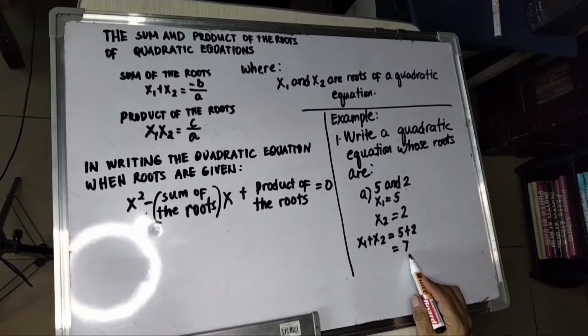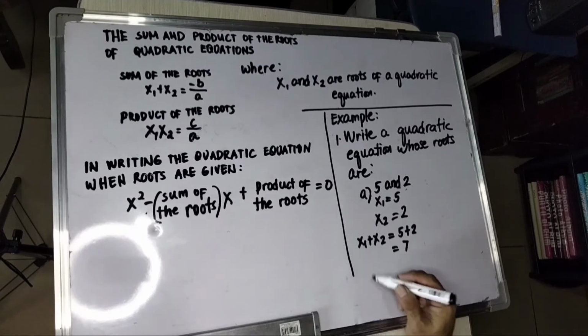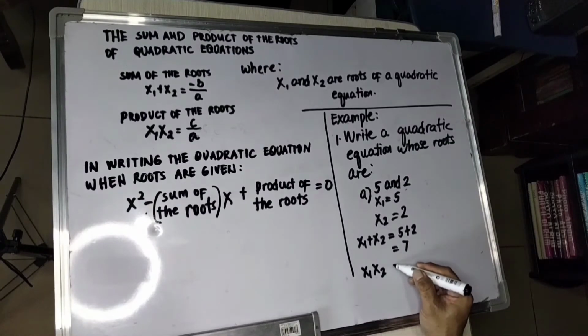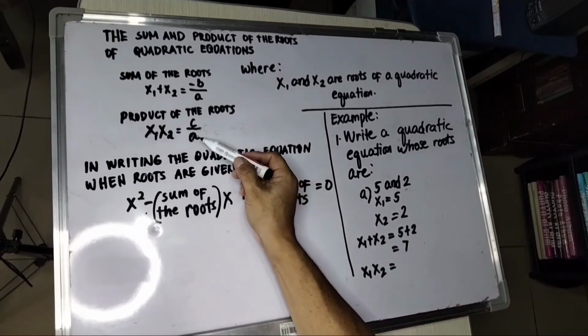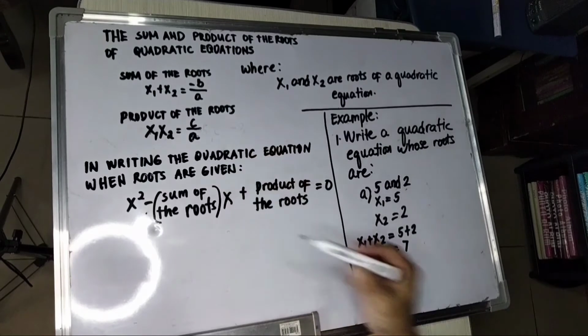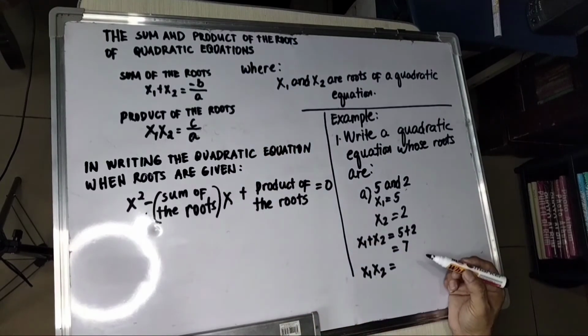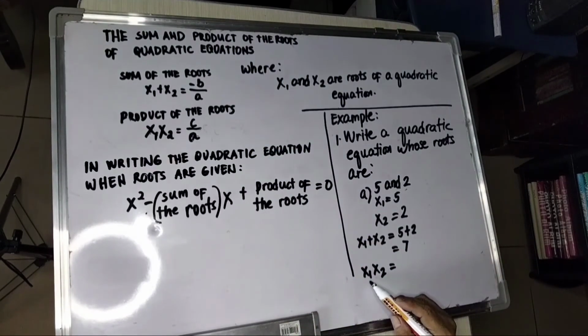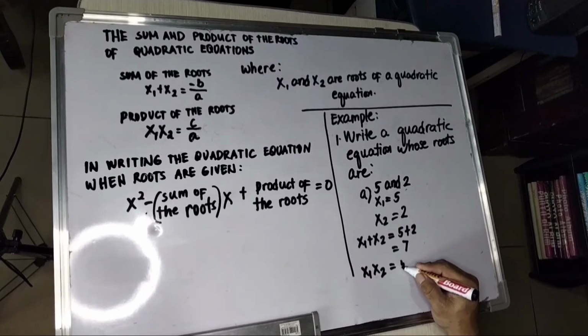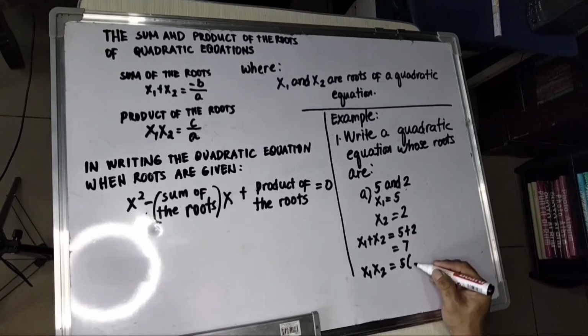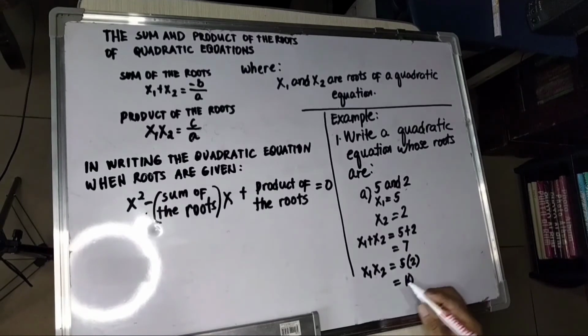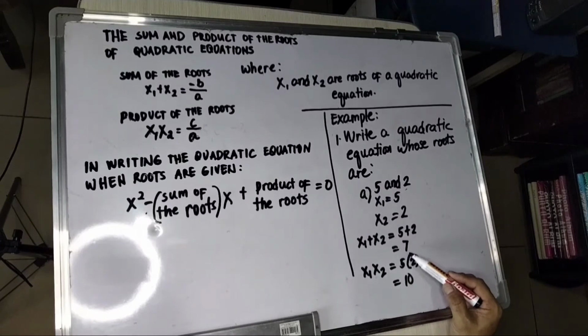This is now the sum of the roots. For the product of the roots, we have x sub 1 times x sub 2. Still, we cannot use this formula because we don't have the values of a and c. But we have x sub 1, which is 5, times x sub 2, which is 2, and we have here 10. So this is the product of the roots, and this is the sum of the roots.